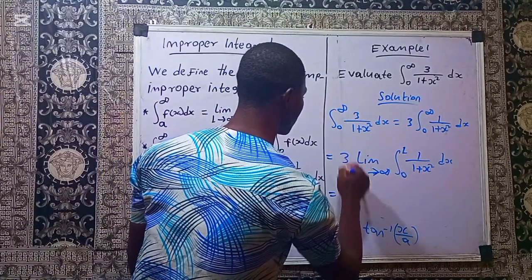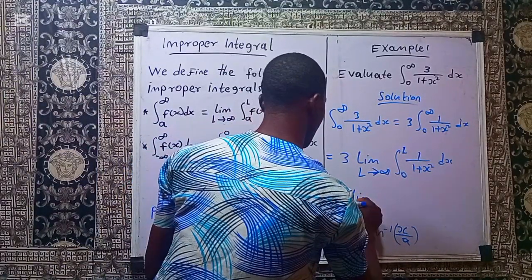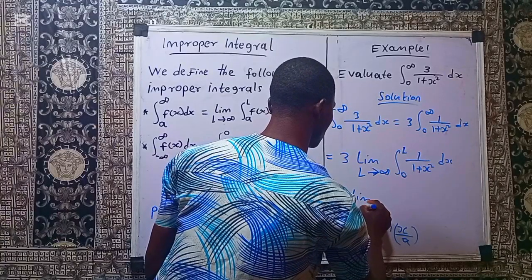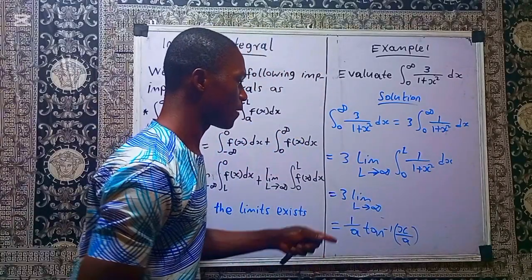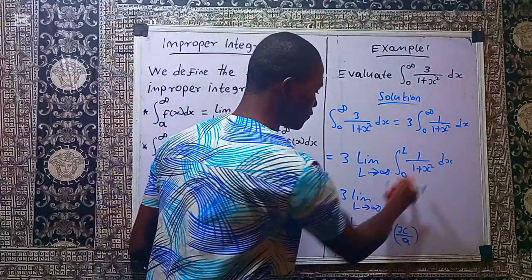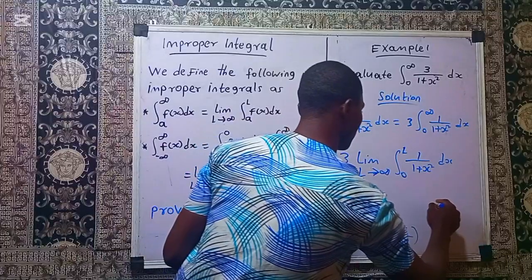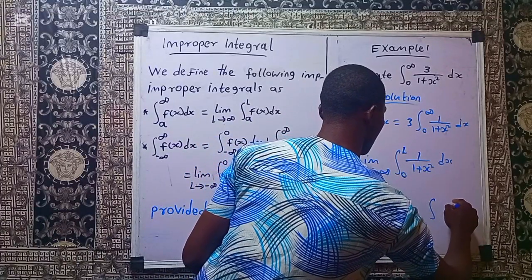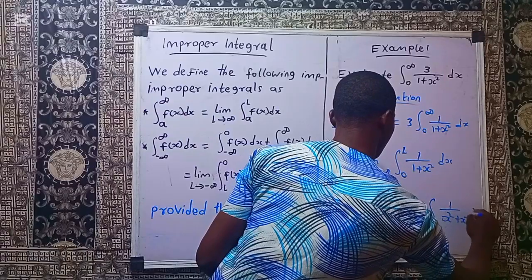So this will be equal to, let's write our limit as L goes to infinity of, from what I wrote down before, integral 1 over a squared plus x squared dx.